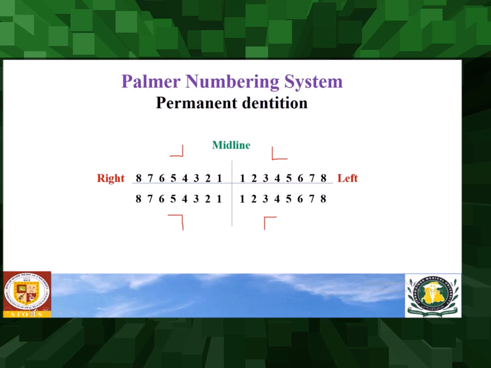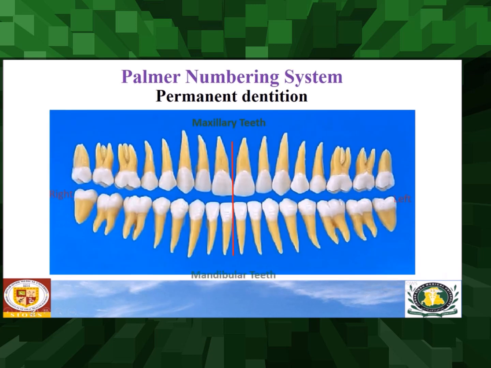Now we will do some exercise of the Palmer notation system on the permanent dentition. So this is the complete permanent dentition. This is the maxillary complete arch of the permanent teeth, and this is the complete mandibular arch. There are 16 teeth in the upper arch, and in the mandibular arch there are 16 teeth, 8 in each quadrant.